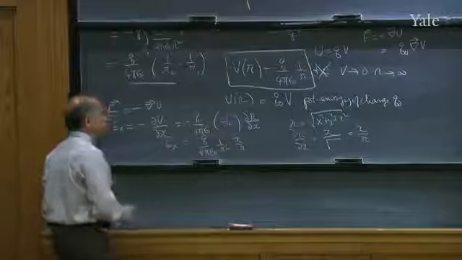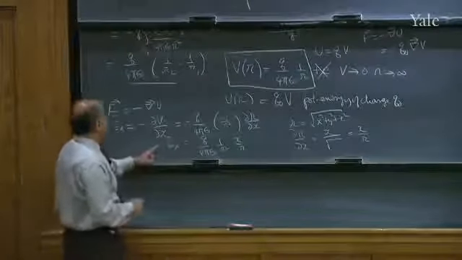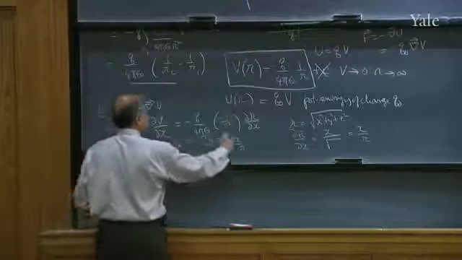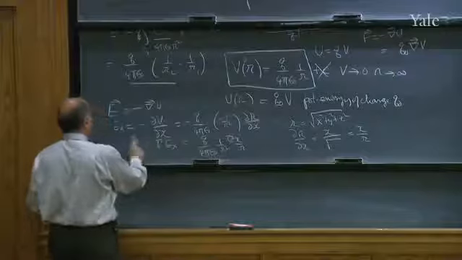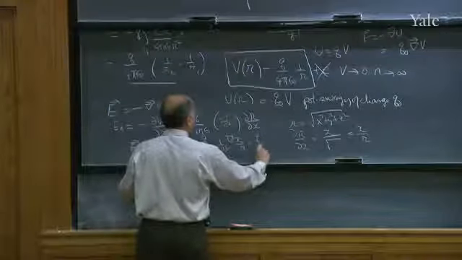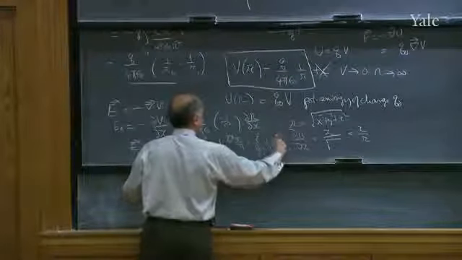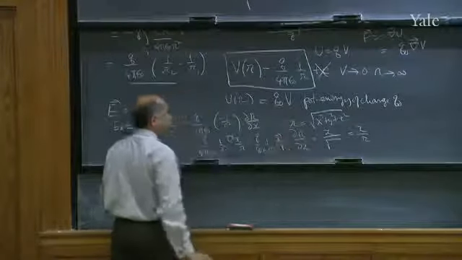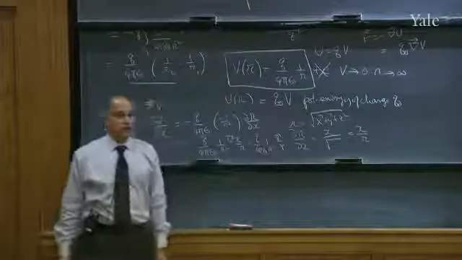So what will be the vector E? Can you do that in your head? Multiply this by i and do similarly for y and z and add them up. What will you find? You will find E is equal to Q over 4 pi epsilon 0, 1 over R squared times R over R. But R over R, position vector over R, is the unit vector in the radial direction.